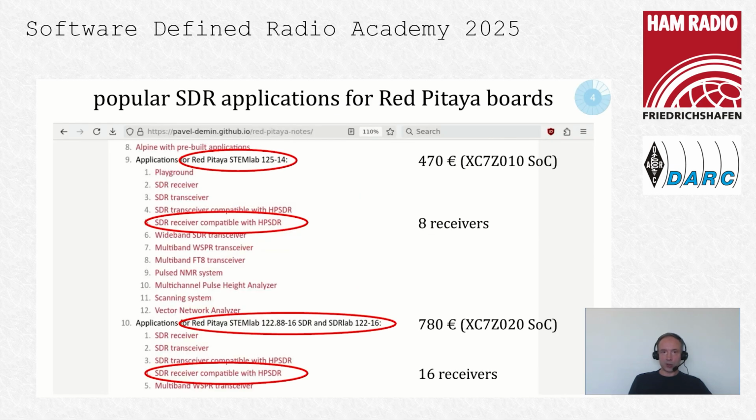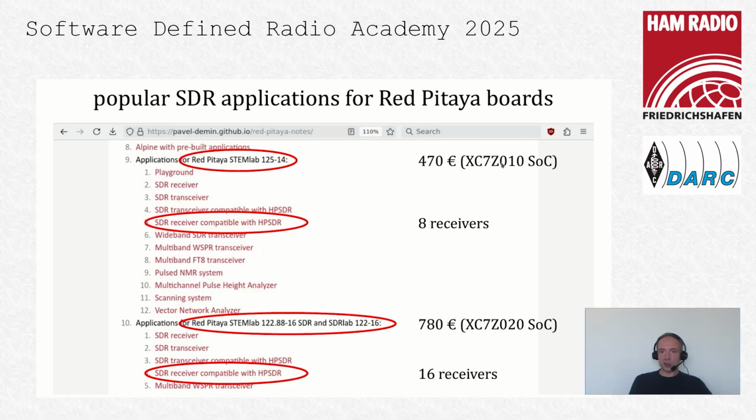And also, I would like to mention my applications for the Red Pitaya board. Since I got some feedback from the users of my applications, I could identify the most popular among them. Apparently, the most popular SDR application for the Red Pitaya board is the SDR receiver compatible with HPSDR, and this application provides 8 receivers in case of the original board.